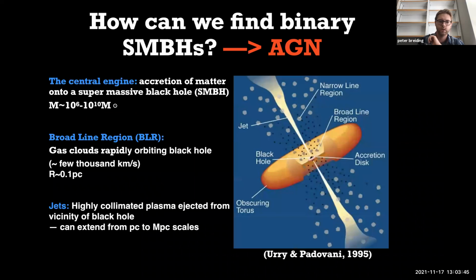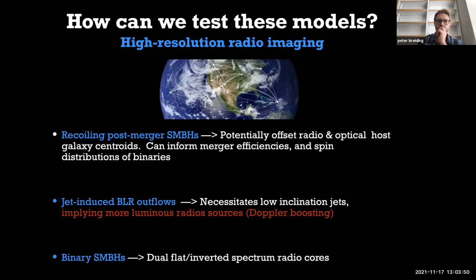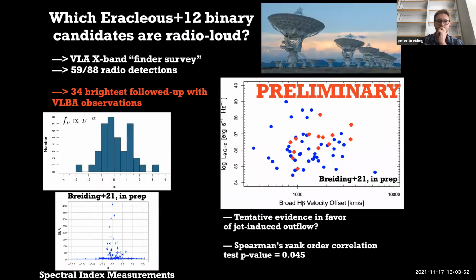Yeah, so the parent sample is directly a sample of 88 objects from SDSS. There were the VLA observations that had a certain percent radio detections. So that's essentially a flux cut, and then a flux cut again.